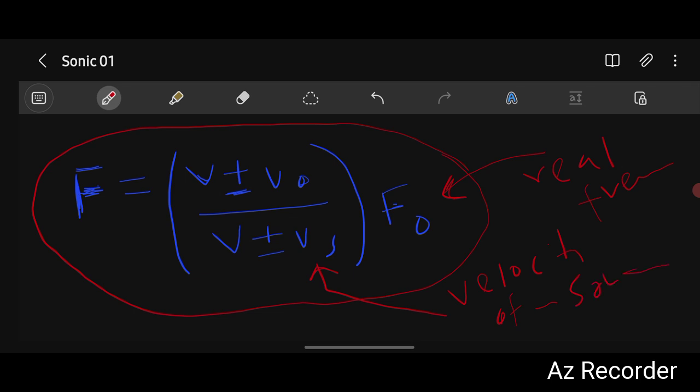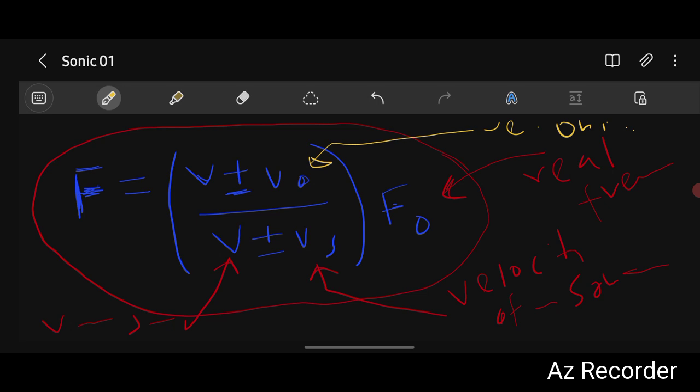This v is the velocity of sound. This is the velocity of observer.